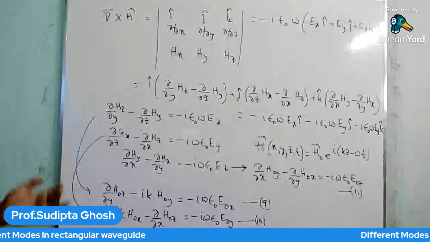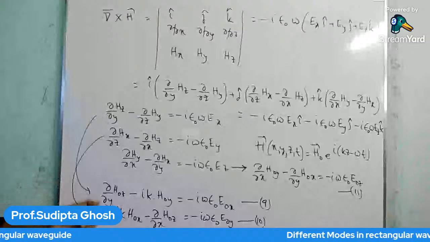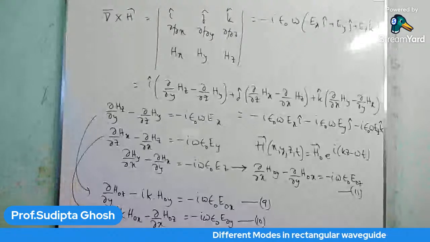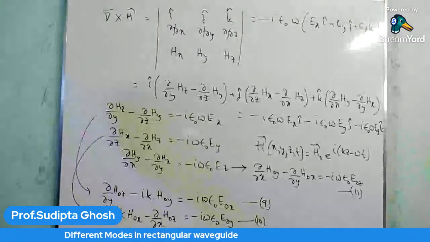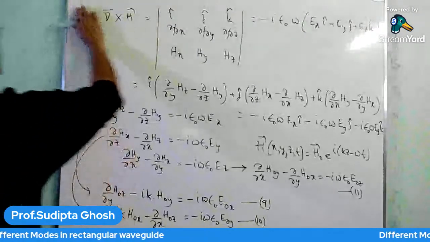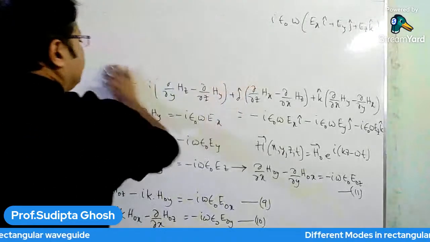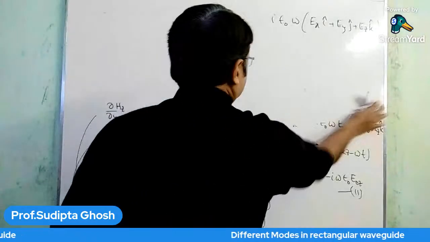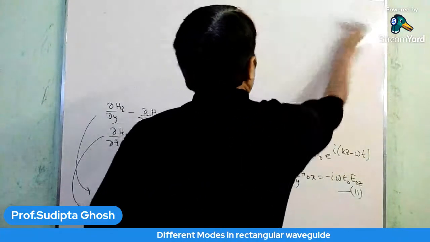So, similarly, proceeding from equation number 6, just go on writing these equations. You need not derive these equations for the electric field also.